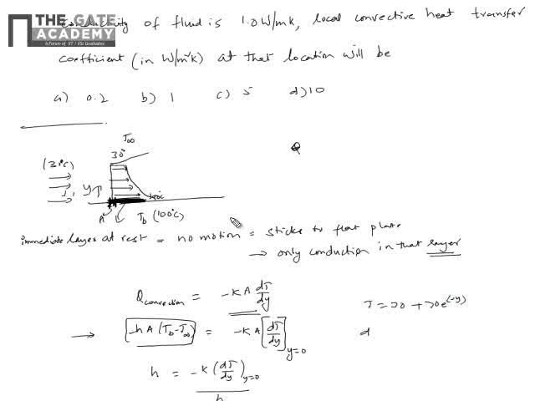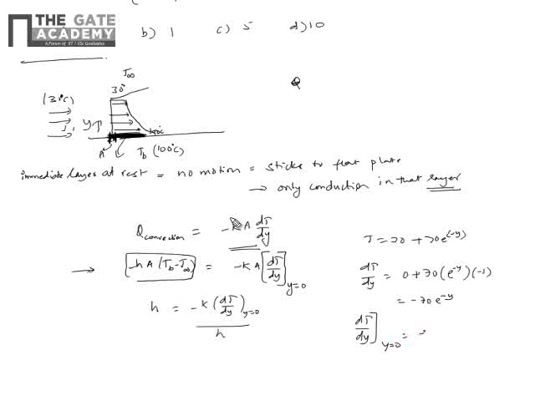So dT by dy is 0 plus 70 e power minus y into minus 1, so this is minus 70 e power minus y. Now dT by dy at y equal to 0 will be minus 70 e power minus 0, so this will be minus 70.